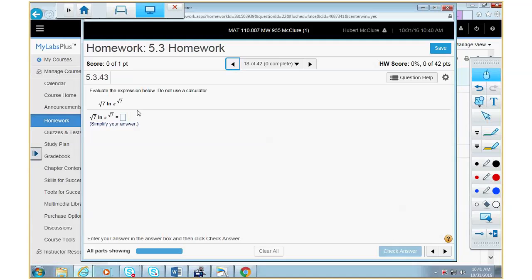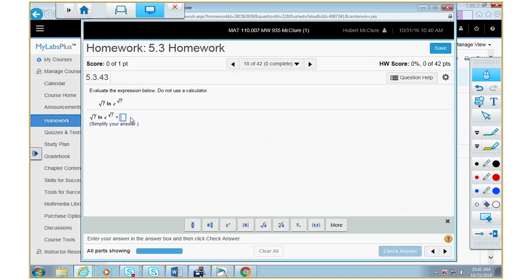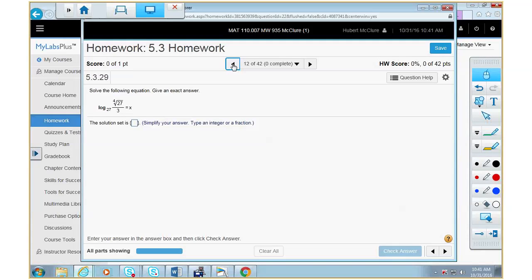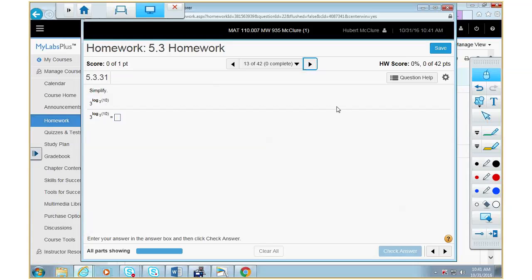Problems 31 to 43 are those 3 rules that are at the top of the block.